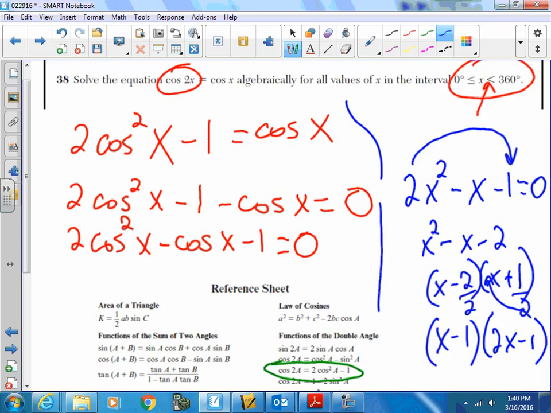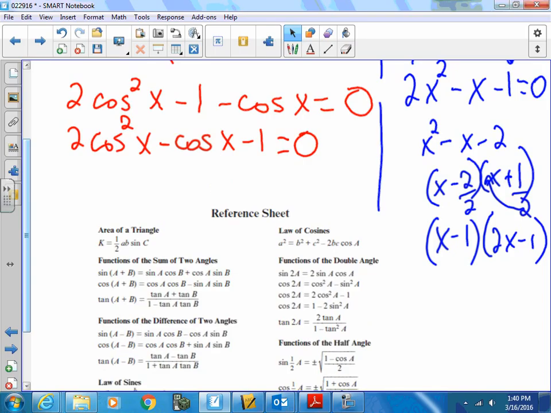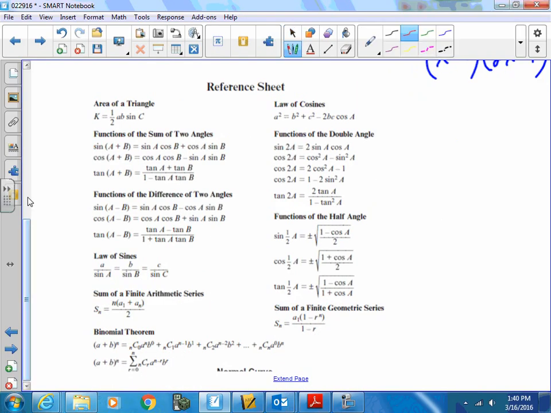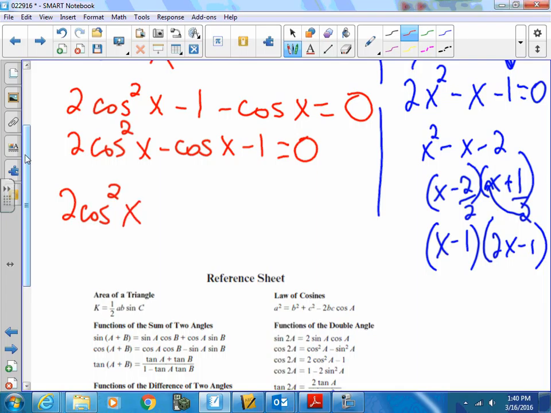But now we have to change it to how it looks with the cosine. So coming back here, we're going to have 2 cosine x plus 1, and cosine of x minus 1.